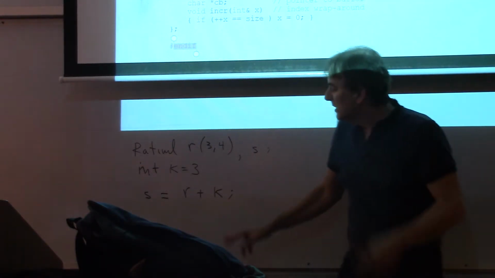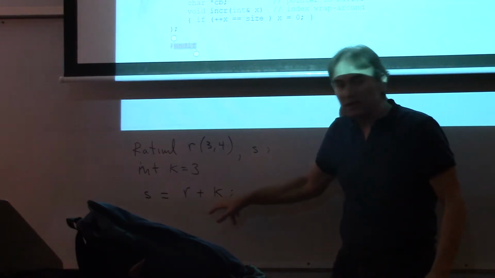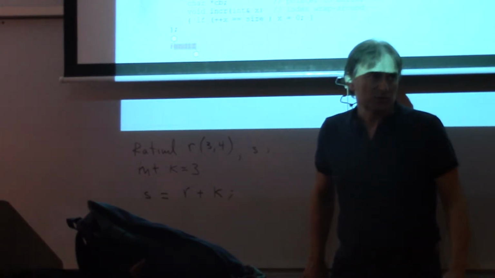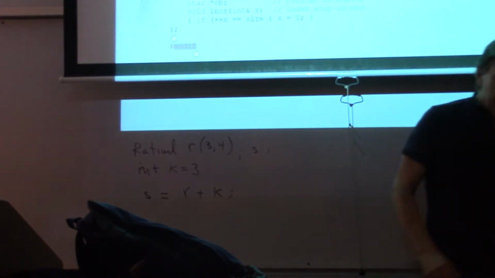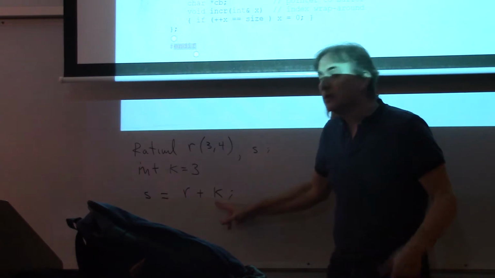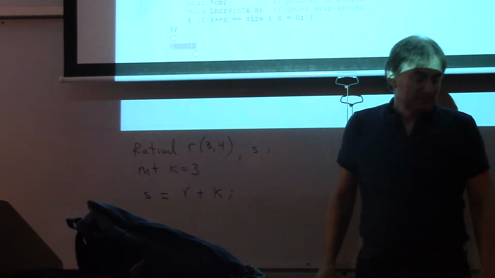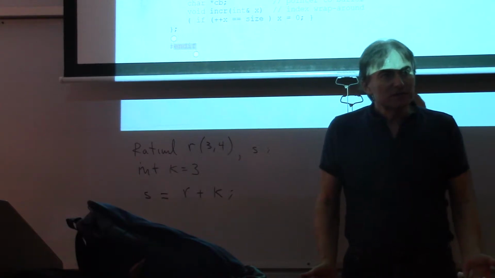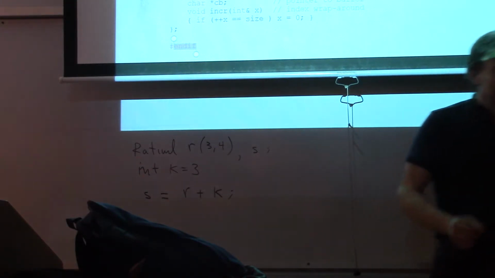Okay. So clearly, if I overloaded the plus operator to take an int, I can easily construct this code, right? Easily. But suppose I didn't overload the plus operator to work with ints. Could it still work? And the answer is yes, it could still work.